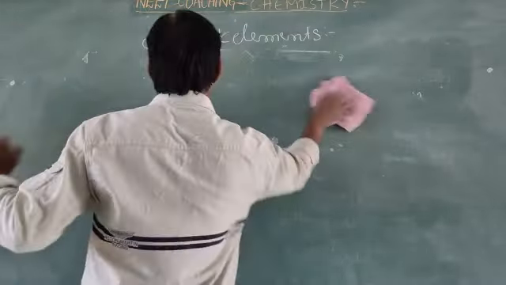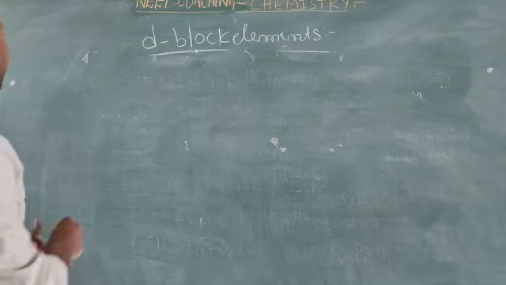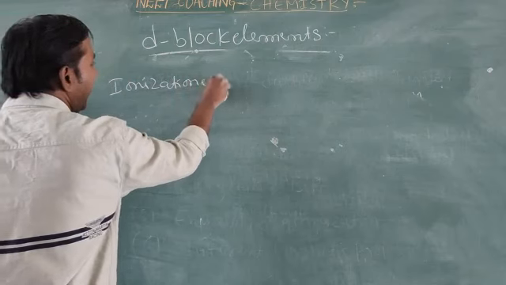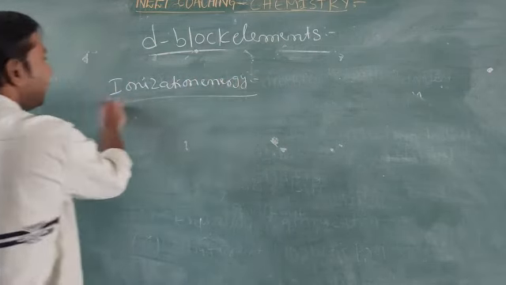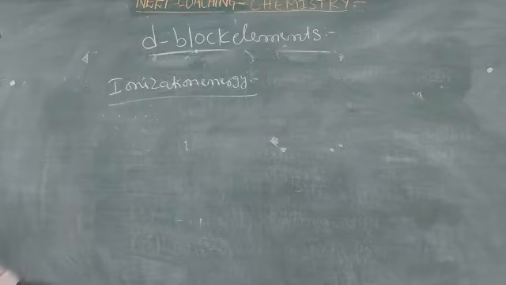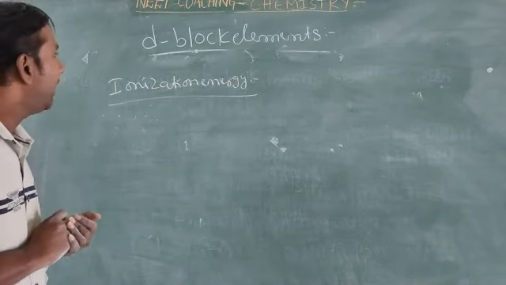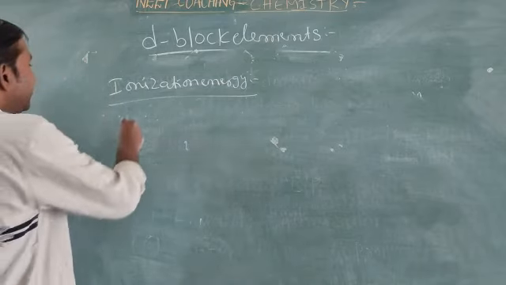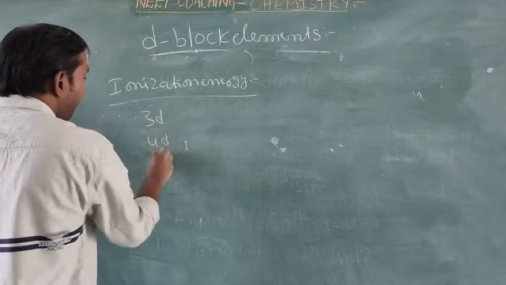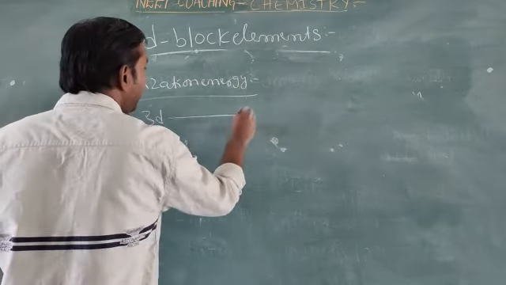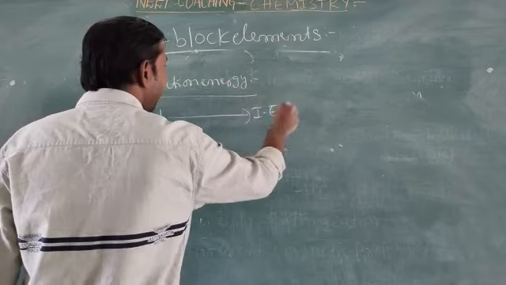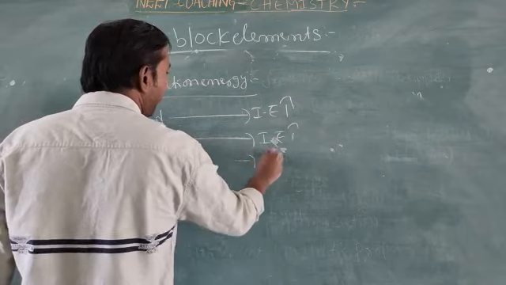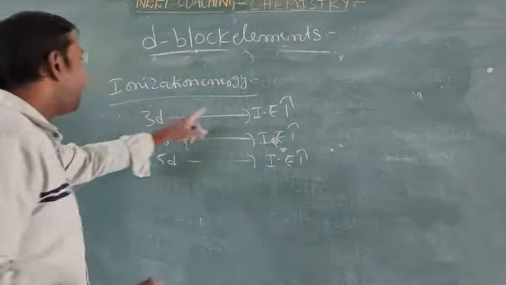Next one, ionization energy. Generally, we know that along the period ionization energy increases from left to right. So here also, in the 3d, 4d and 5d series, ionization energy increases from left to right along the period.